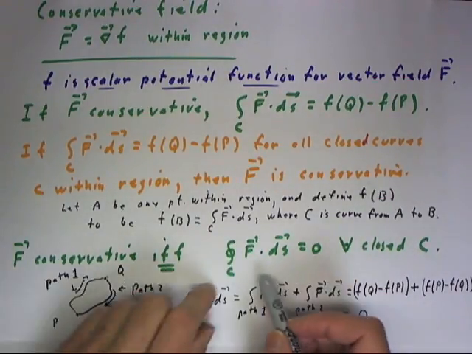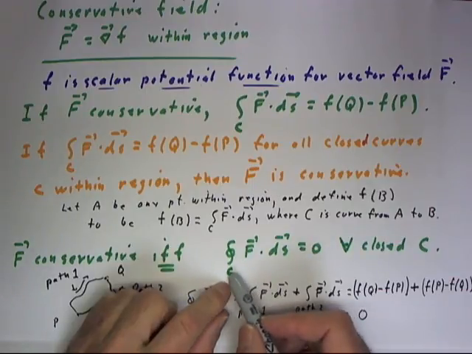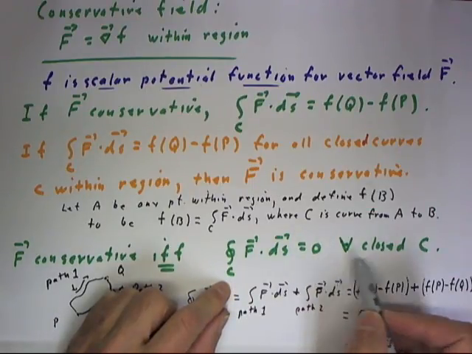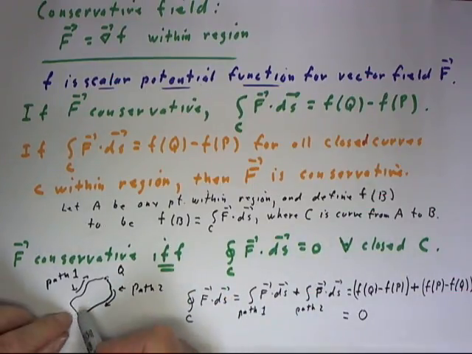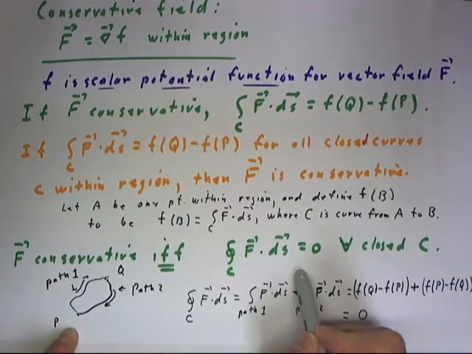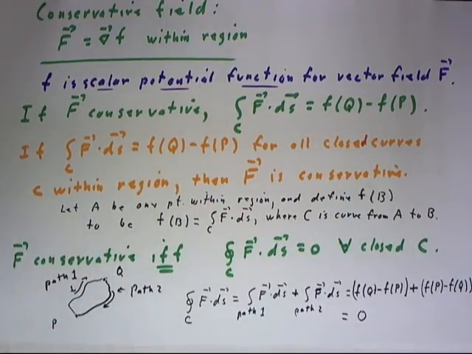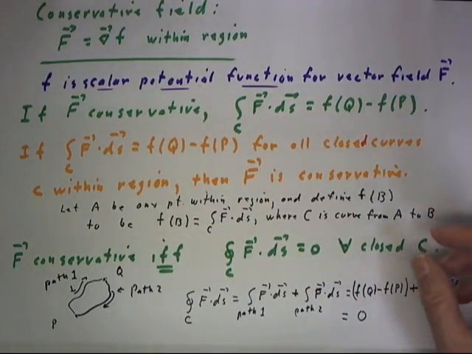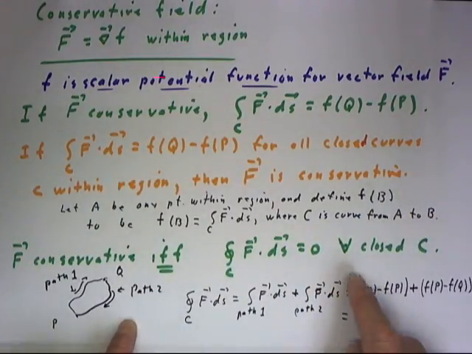Conversely, we can argue that if the integral over any closed path is 0, then whatever our points P and Q, we can put them in the middle of some closed path that has these properties, showing that F must be conservative. Now I've left some details out of this argument.